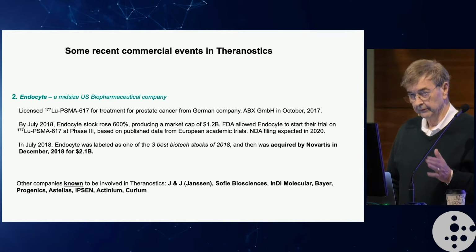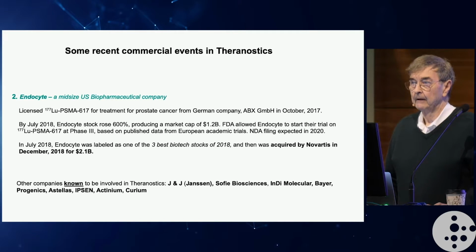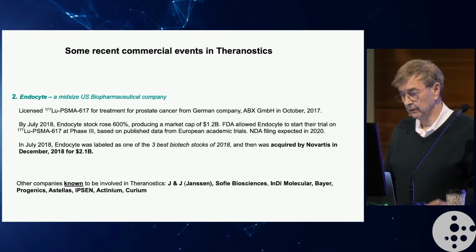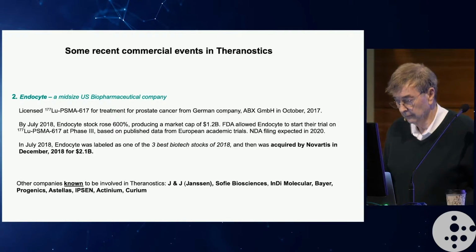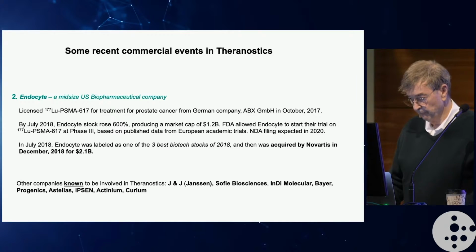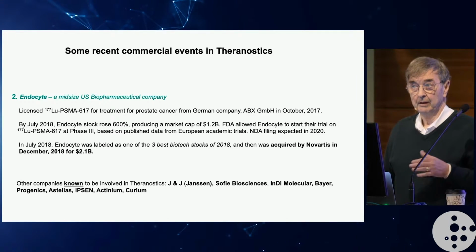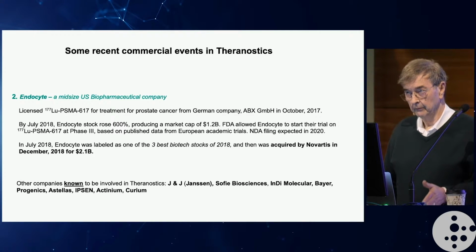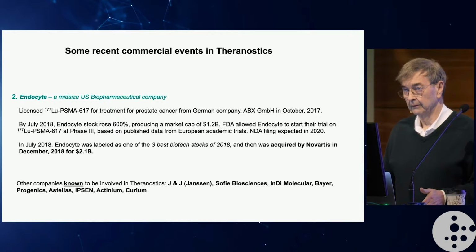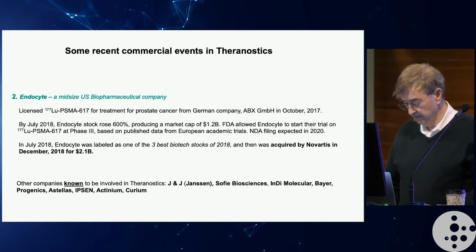So the other companies, at least that we know are in theranostics now, are J&J and Sofie Biosciences, a company founded by Jim, me, and others. Indy Molecular, that involves ISB and Jim. Bayer, Progenics, Astellas, and so forth. But there are actually other pharmaceutical companies that we know privately are also moving into theranostics. Now, part of that reason will become apparent a little bit later.